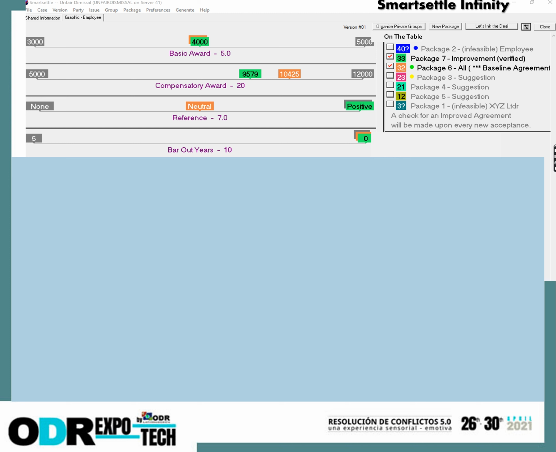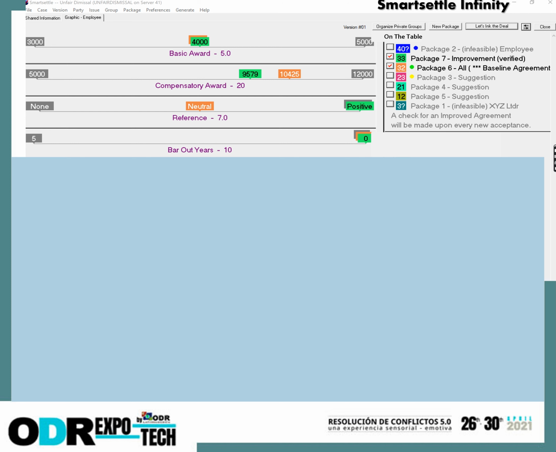Here's a screen. It looks a bit complicated, so let me try and explain it all. This is of Smartsettle Infinity, and this is for agreeing proposals where there are multiple elements, multiple issues.